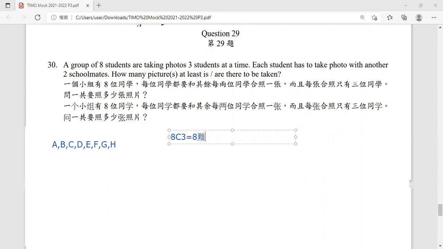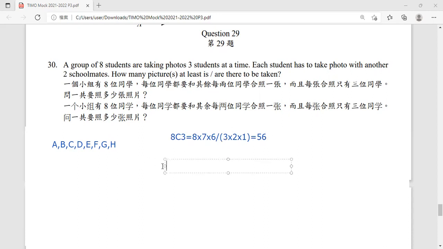So this is 8 times 7 times 6 over 3 times 2 times 1, which is also 56.